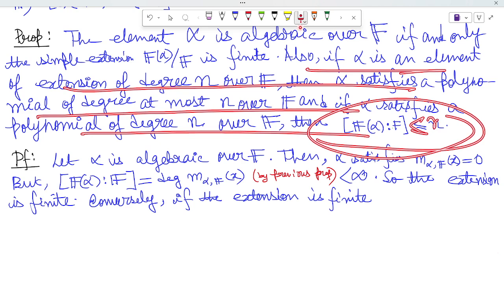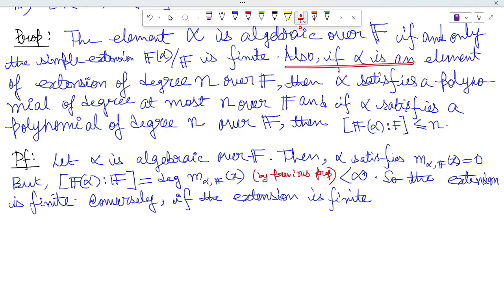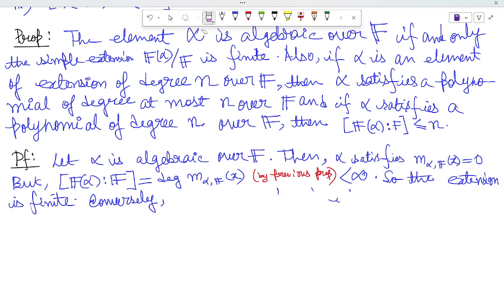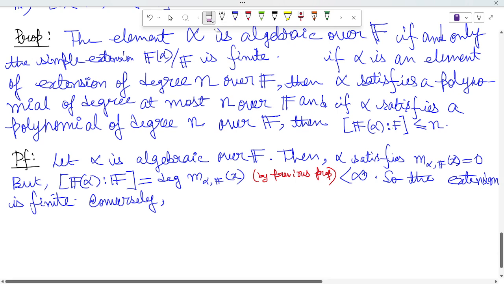I need to show this. That will give the only if part. So in general, I will take an element alpha from the extension. That is the more generalized version of the only if part. That is not a different statement; that is the precise statement. Precisely means particular or general.